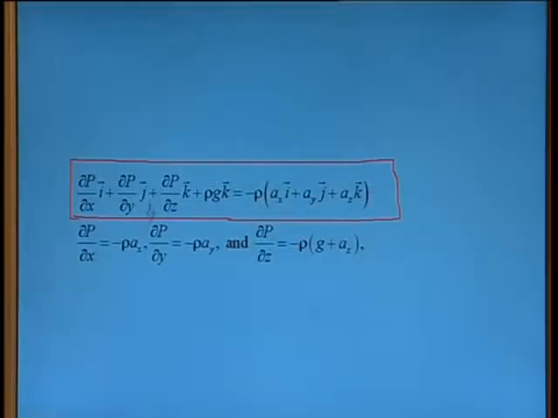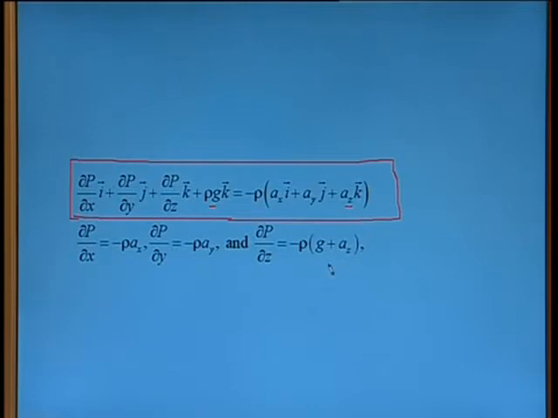So ∂P/∂x is equal to minus rho ax, ∂P/∂y is equal to minus rho ay, and for ∂P/∂z, since we have k here and rho g, and we have az here, the equation becomes ∂P/∂z is equal to minus rho (g plus az).